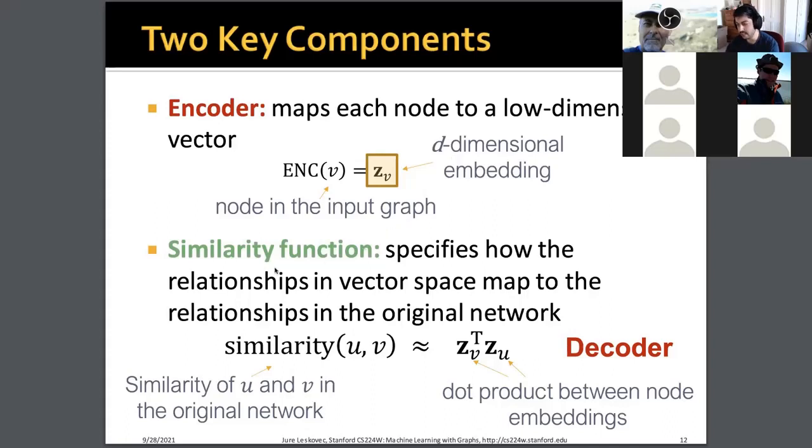And then looking at the similarity function, we have to figure out what similarity we want to represent, and we'll look at how we do that on a later slide. And then, like I was mentioning, this is the decoder step. The ZV transpose ZU is the dot product of these two embeddings, and we want them to show up as highly similar when our similarity function says that they're similar, and we want them to not be similar when the similarity function says that they're not similar.